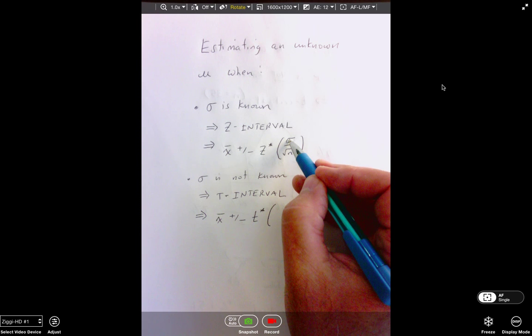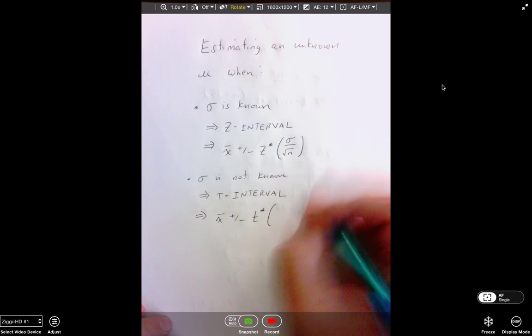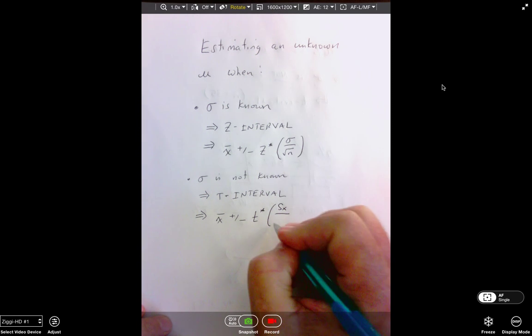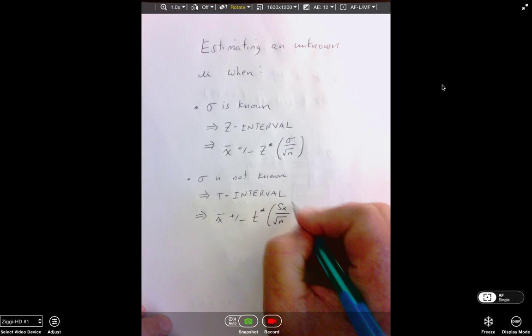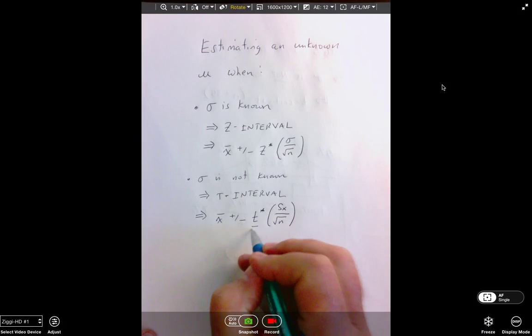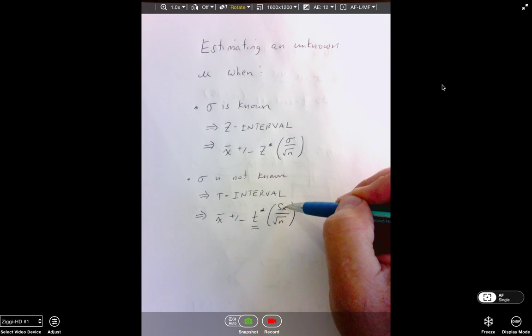But what would a reasonable person think we would use if we don't have the population standard deviation? Well, we would use the sample standard deviation. Because the sample standard deviation doesn't have as much statistical power, we have to kind of lighten up the distribution that we use because of this substitution right here.